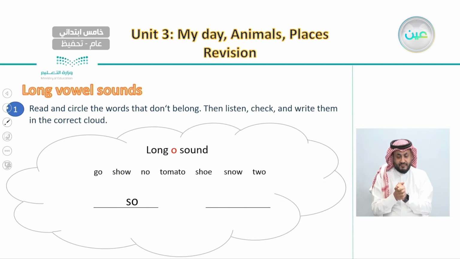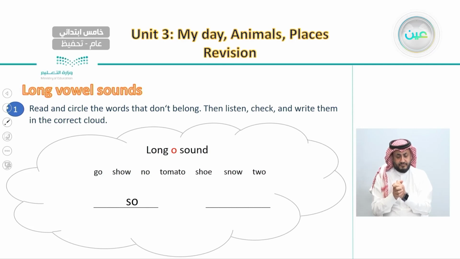And after we circle it, we have the blanks. What we should do with these blanks is to bring the right word from the other clouds. So this is what we learned and answered in our last lesson.